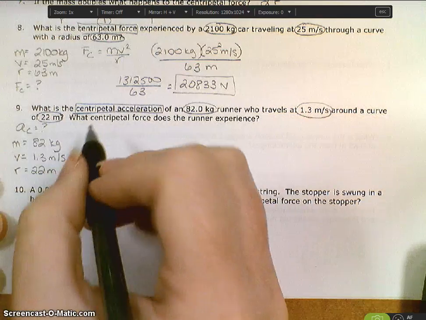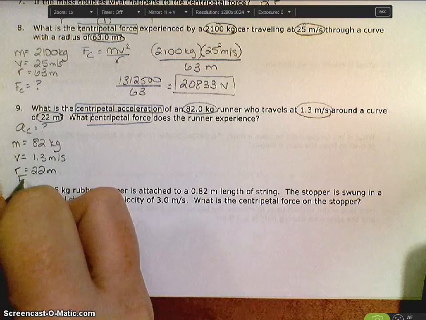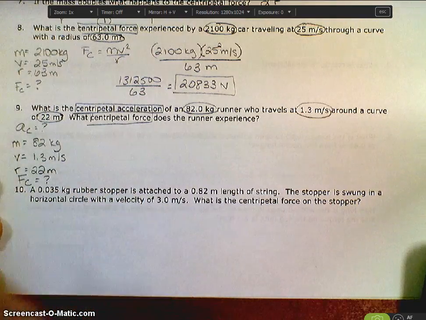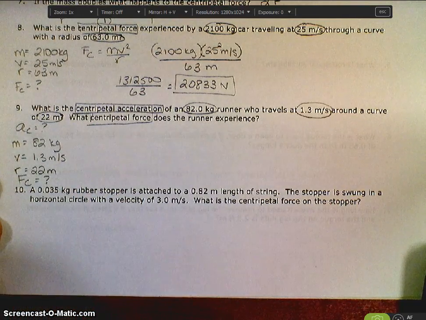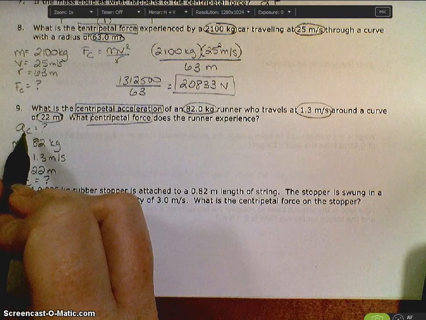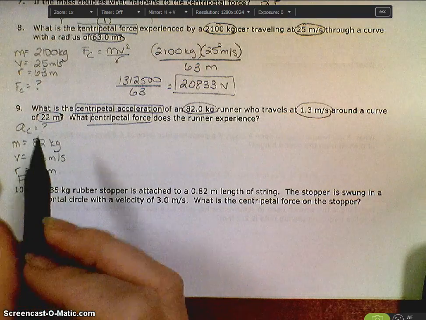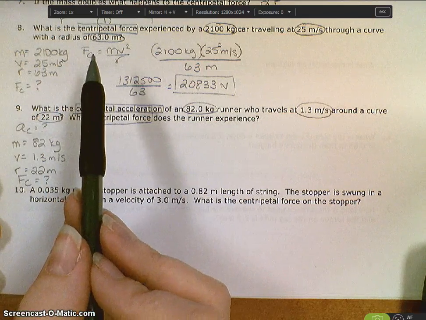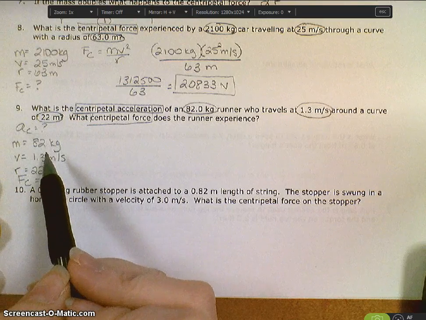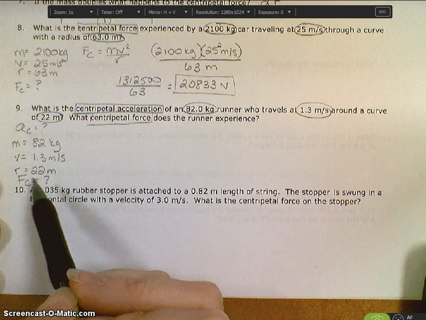They ask me a second question here. They ask me for centripetal force. So there's two things to be doing. First, I need to find acceleration, and I also need to find centripetal force. I can use this same equation and go ahead and use m, v, and r. That will give me the answer.